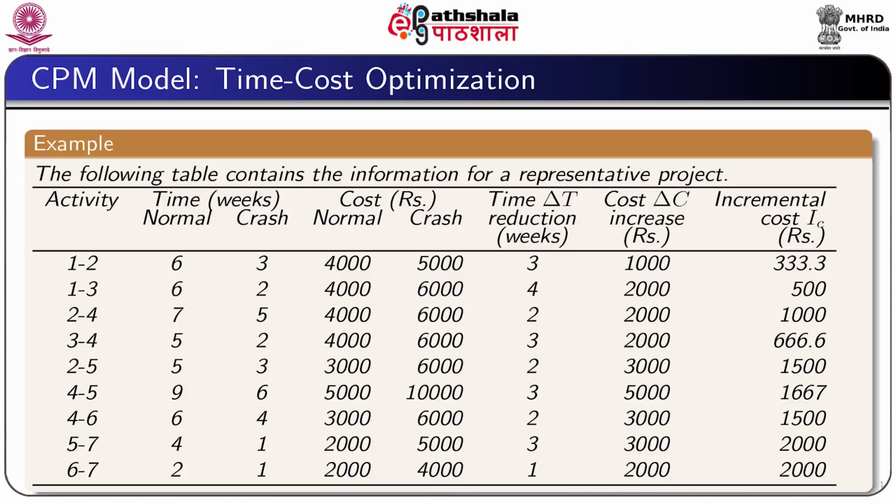All these times are presented in weeks, and the fourth and fifth columns show the normal cost and crash costs. So, from this data we can calculate delta T and delta C, and finally, in the last column we can calculate Ic, which is equal to delta C by delta T.